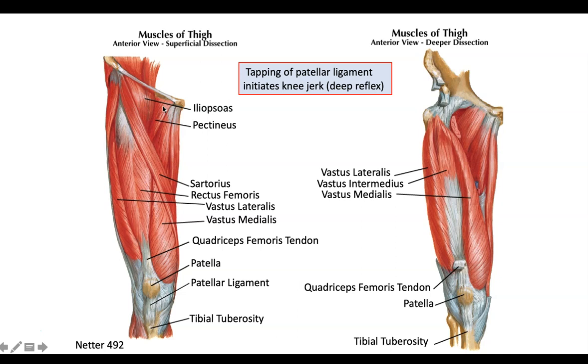Pectineus is a small triangular muscle which lies in between the anterior compartment and the medial compartment. So we can consider the pectineus muscle a transitional muscle in between the anterior and medial compartment, and that's why it receives its nerve supply from both the anterior compartment nerve and the medial compartment nerve.